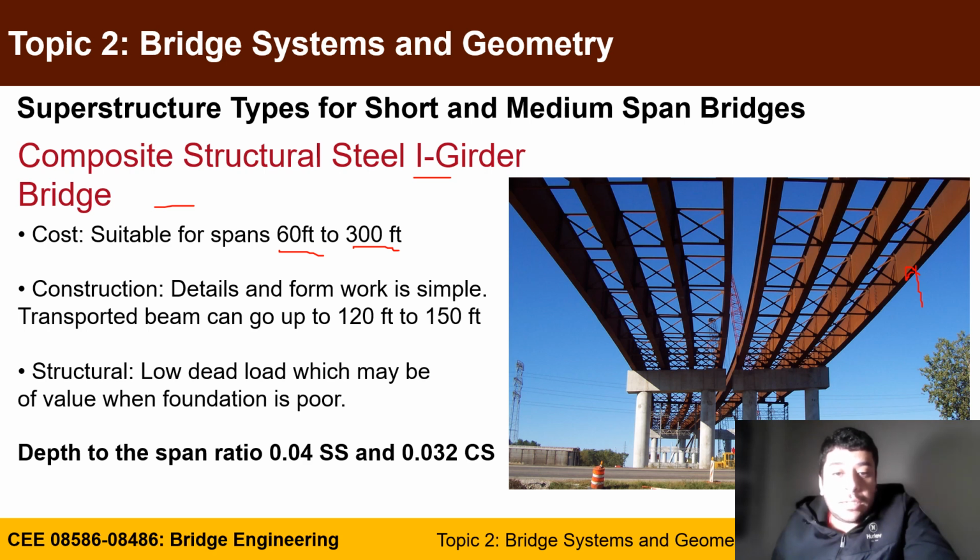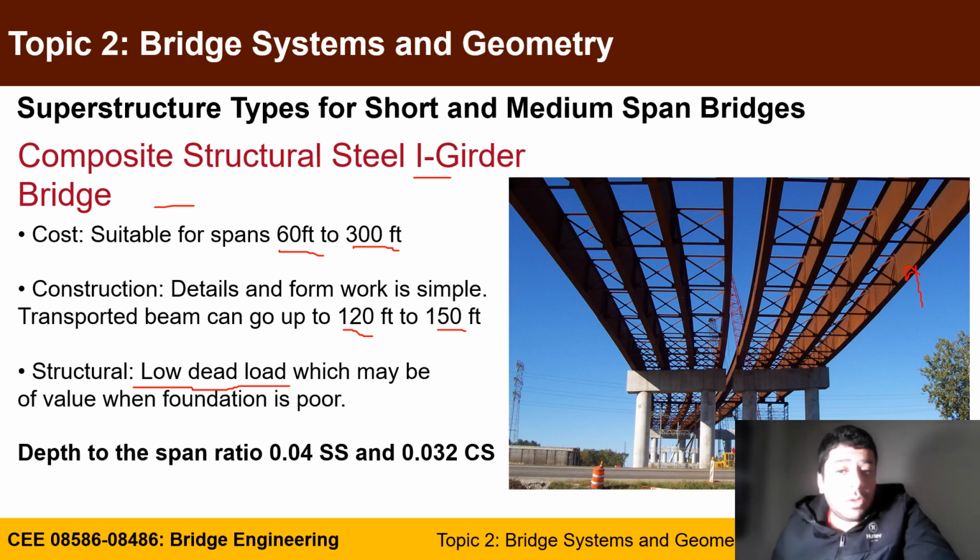Construction details and formwork are kind of simple in this case, and you can transport 120 to 150, but you can go up to spans of 300 because you have the advantage of splicing those girders. Structure-wise, it's a low dead load compared to concrete because the girders in concrete have much bigger areas.